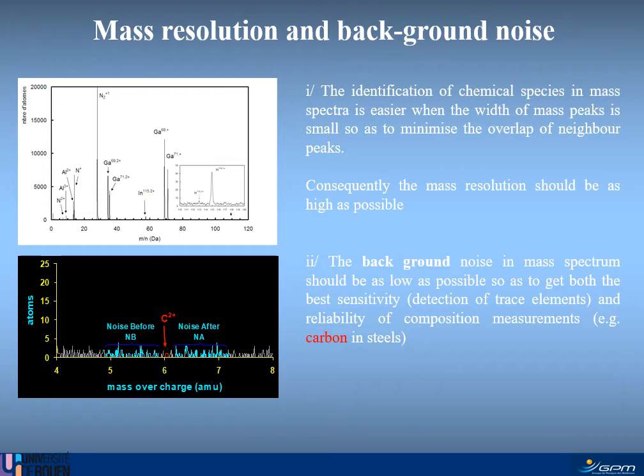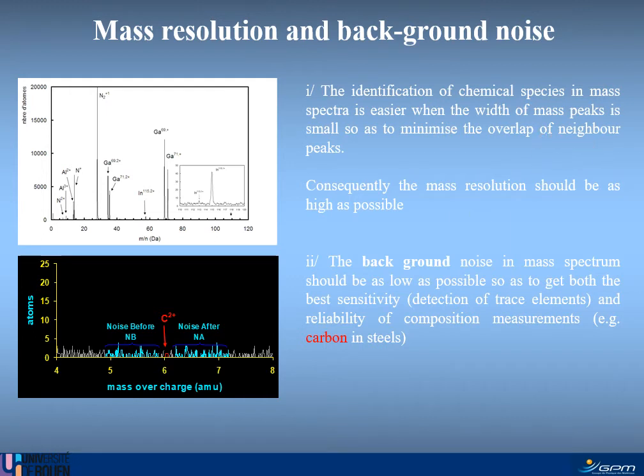So first, mass resolution and the background noise. The identification of chemical species in mass spectra is, of course, easier when you've got well-resolved peaks, in other terms, if the mass resolution is good, so as to avoid or minimize overlaps between neighbor peaks.